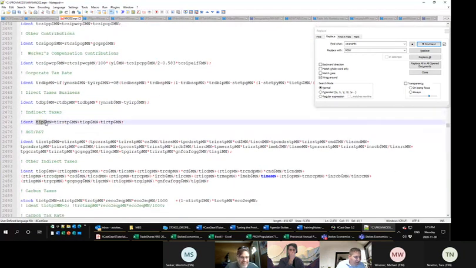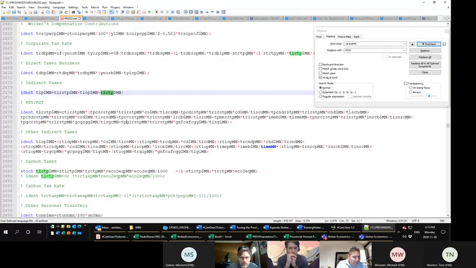On the indirect tax side, you'll have your retail sales. Any other, which is where you would find those education taxes and any alcohol and tobacco or gas taxes. And then finally the carbon tax component here.